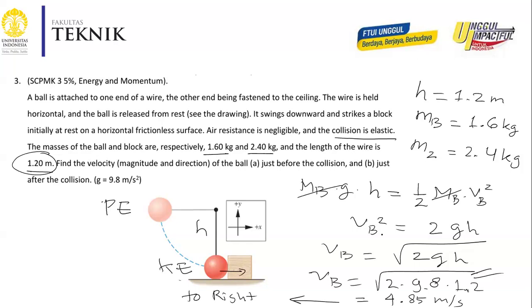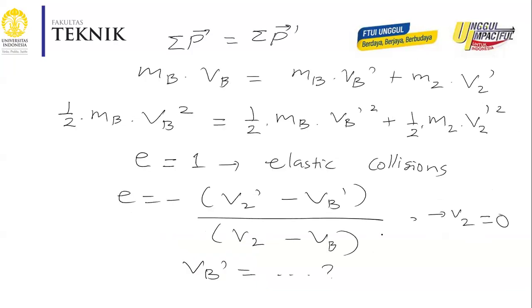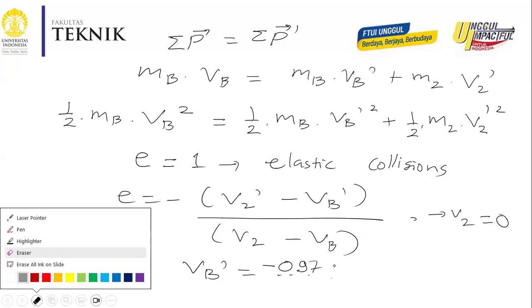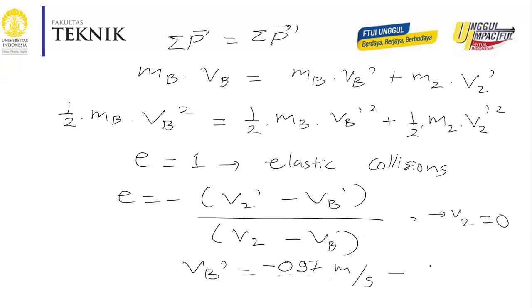And then after collision, VB prime, the final solution here is 0.97. This one we will get negative. So negative sign, it means that to the left side. So the ball velocity is to the left side.